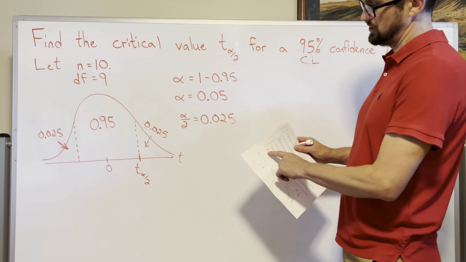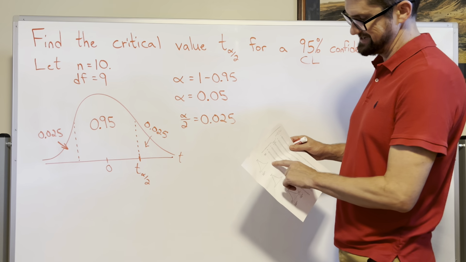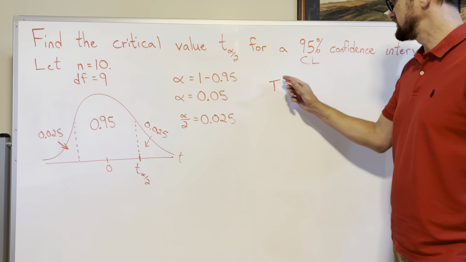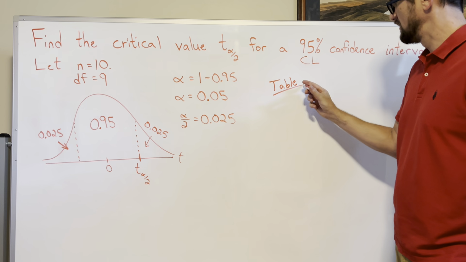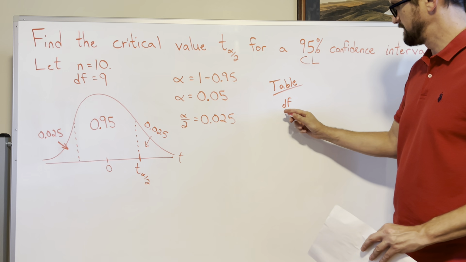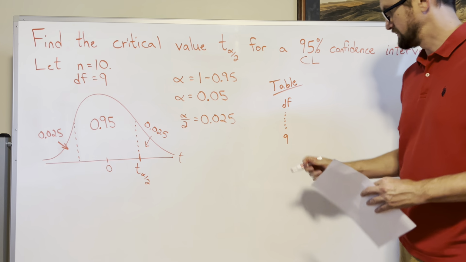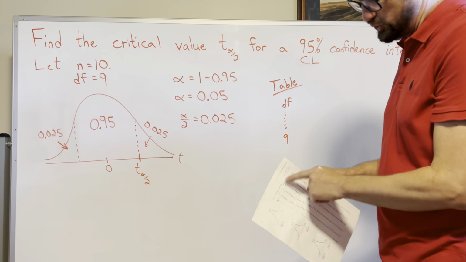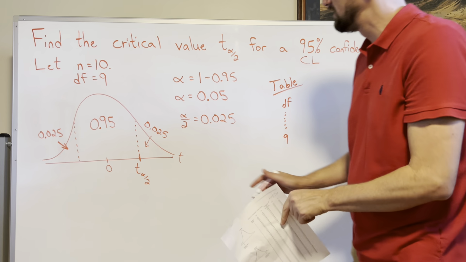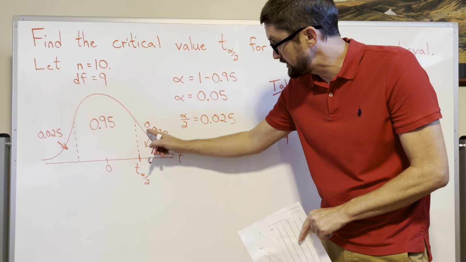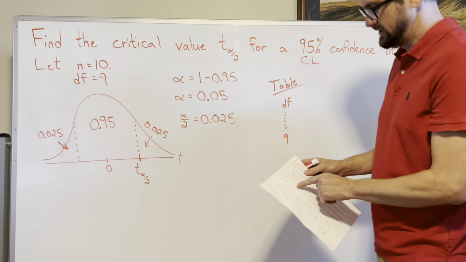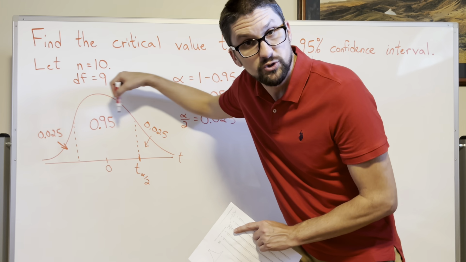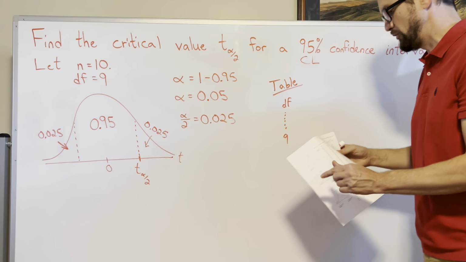So this first column says degrees of freedom, and I'm going to go down to 9. At the top, it has 2 rows. Area in one tail, here's one tail right here, the area is 0.025. And then it says area in 2 tails, which would be both tails added together, 0.05.